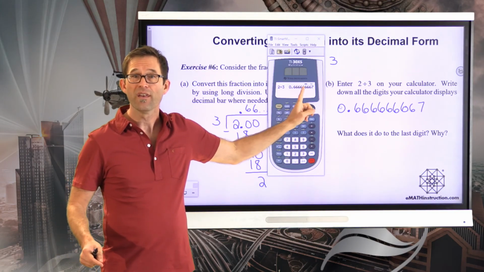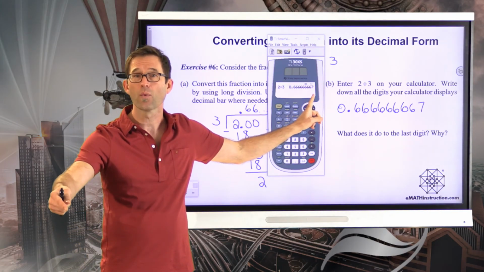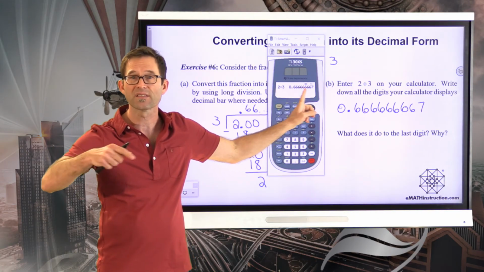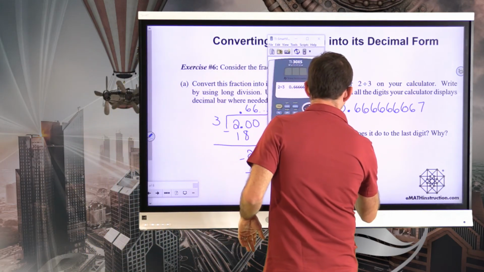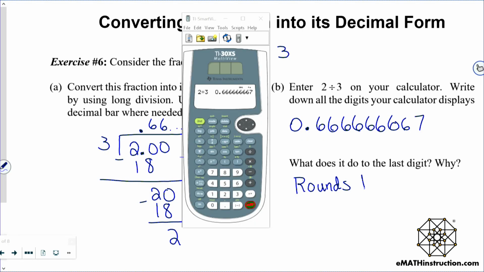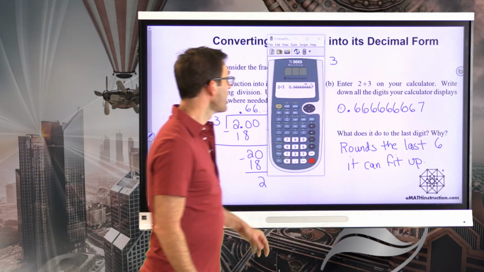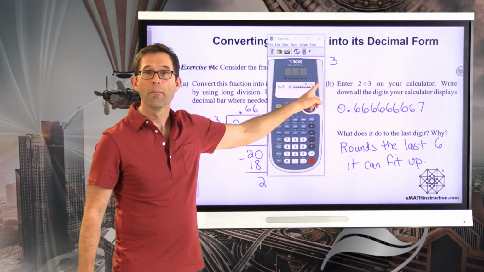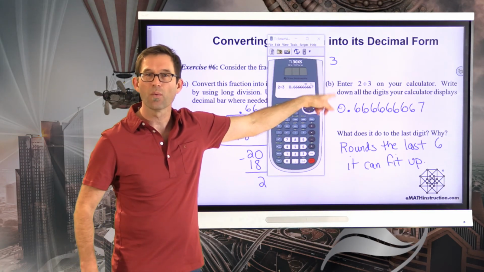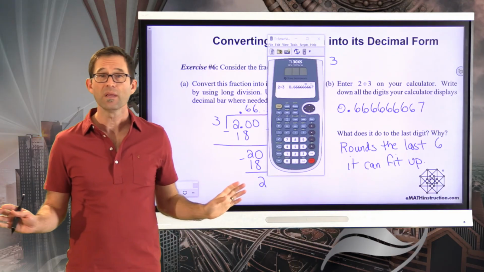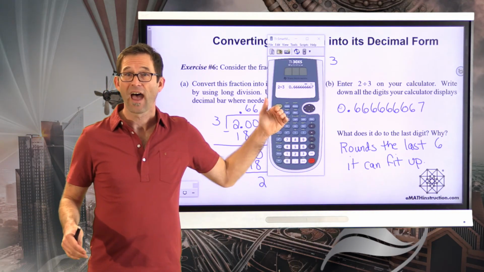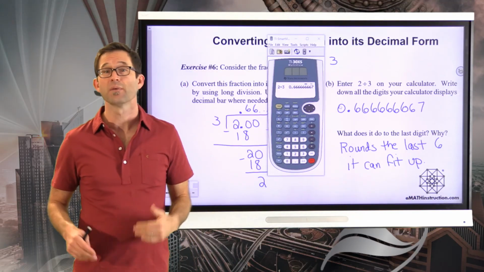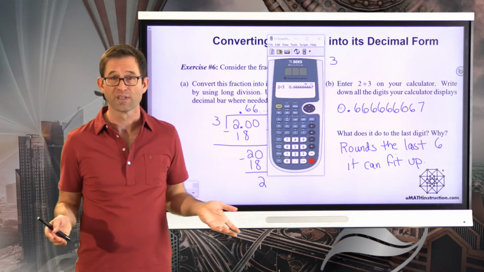Think about it: the last 6 it could fit would be right there, but the digit afterwards is also a 6, so it would bump that up to a 7. It doesn't mean that 2/3 terminates after that many 6s with a 7. It just means that the calculator has given up. That's as far as it can go.